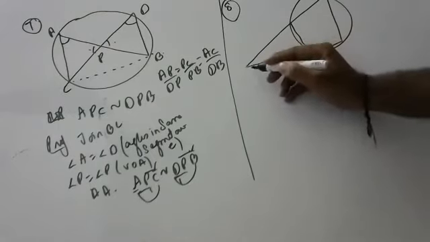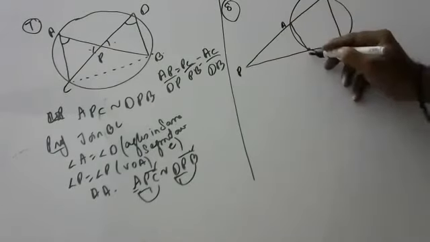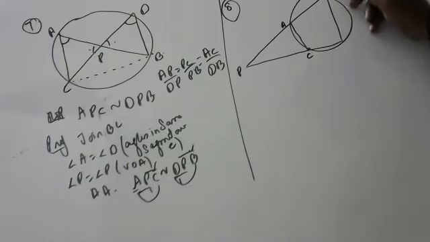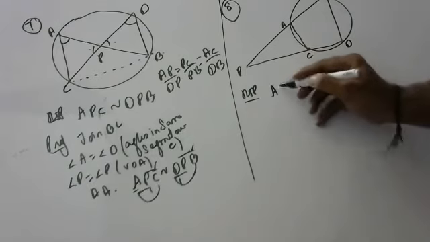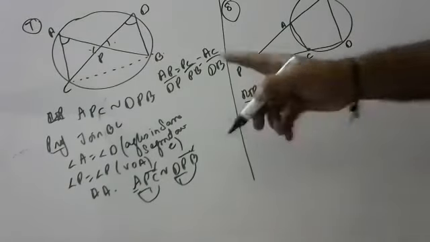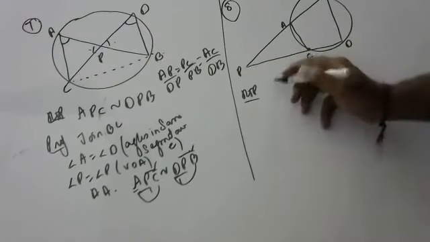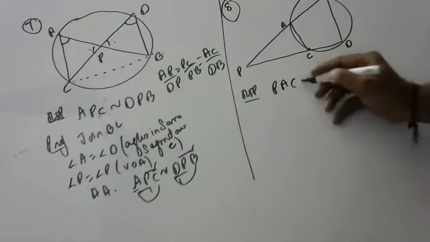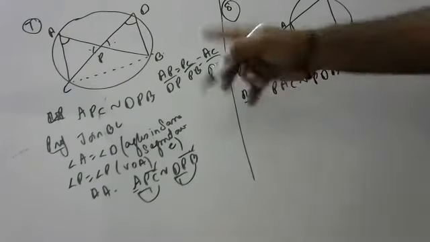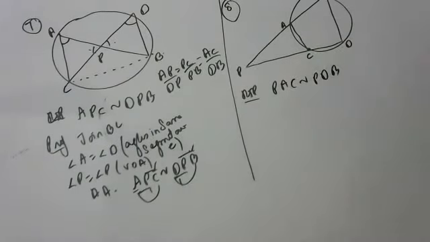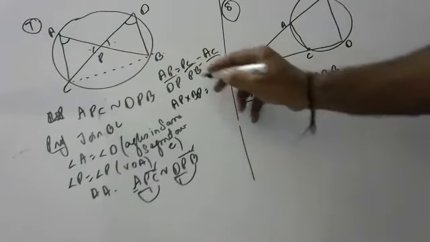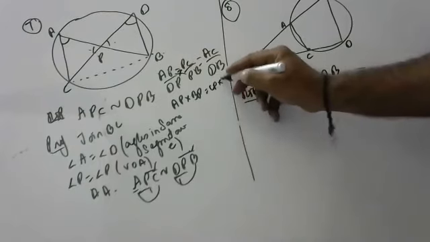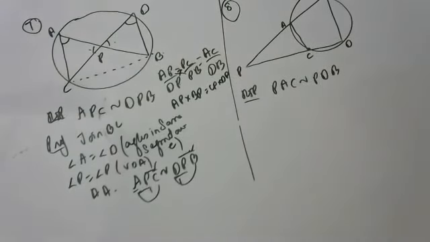Required to prove, children, that AP into BP is equal to CP into DP. Last time we asked AP into BP, you can see here, equal to CP into DP, by cross multiplication. That's also what we asked, that will replace the CPST.